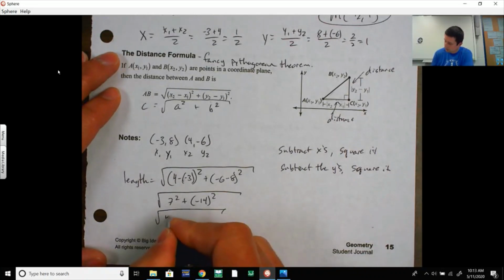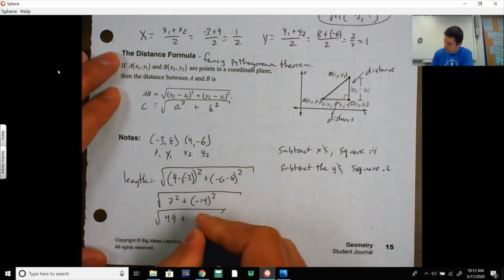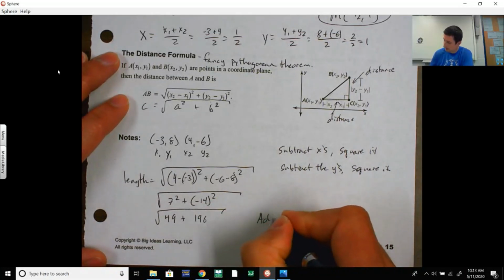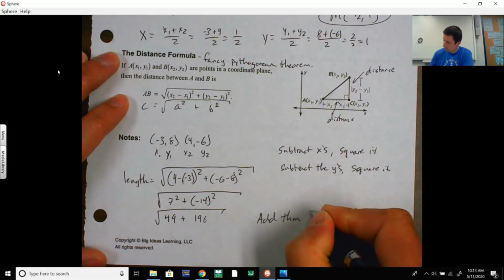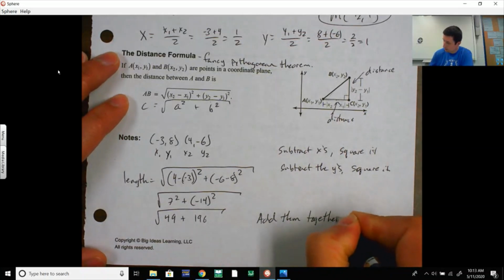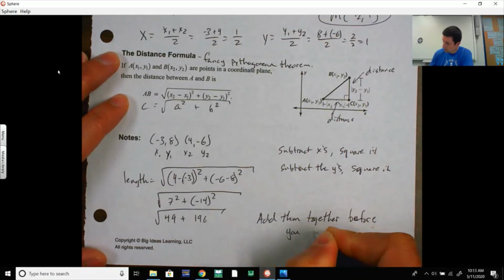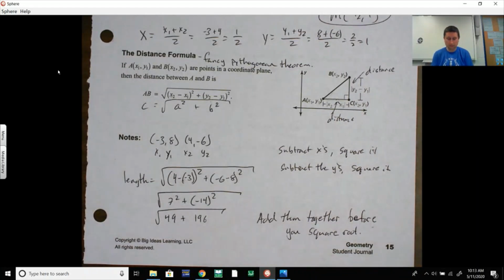So I get the square root of 49 plus 196. Add them together before you square root.